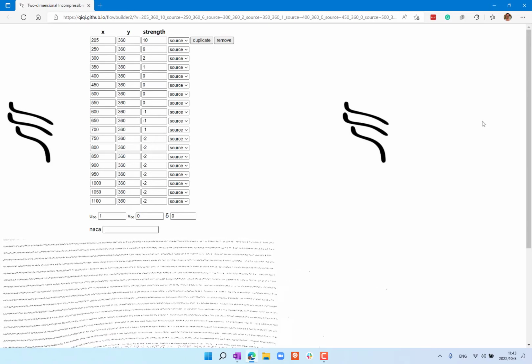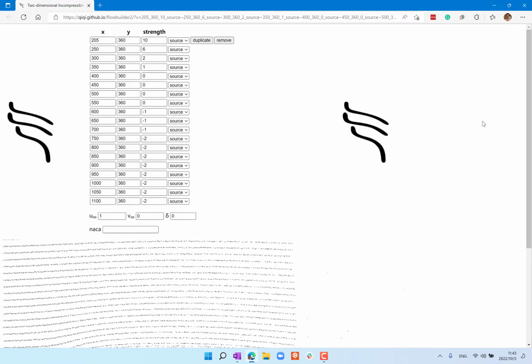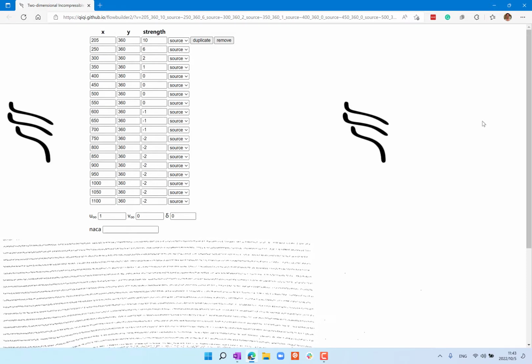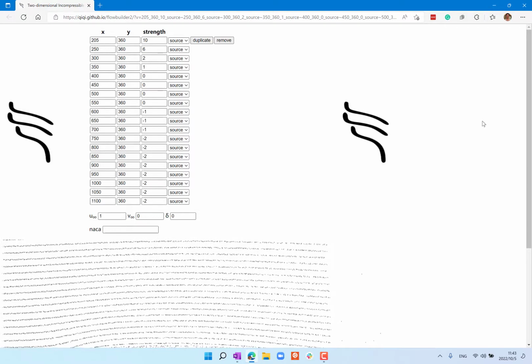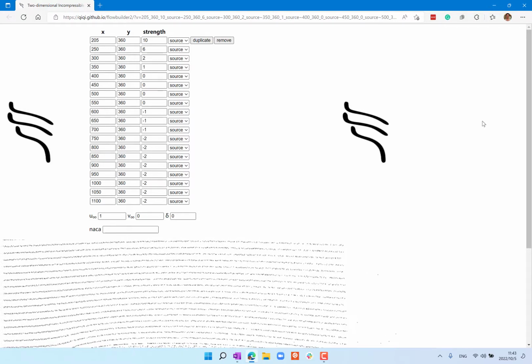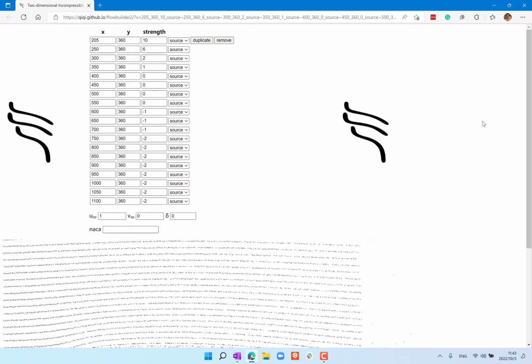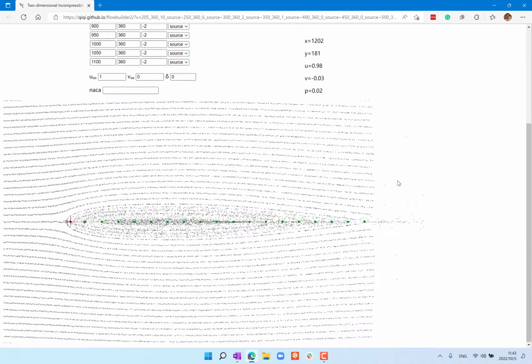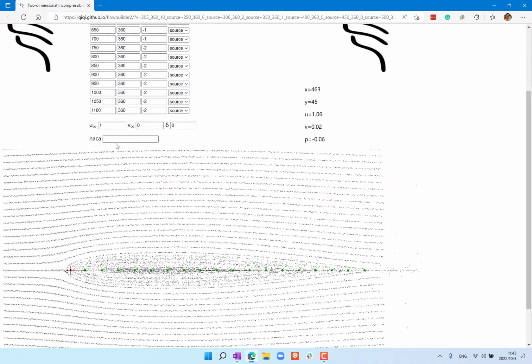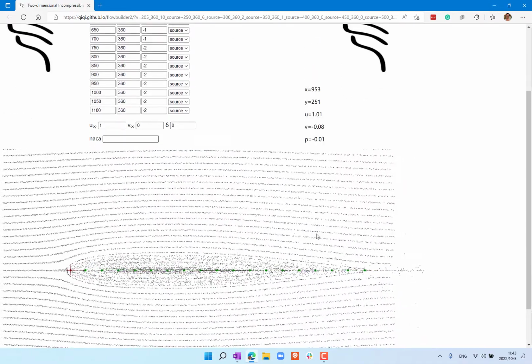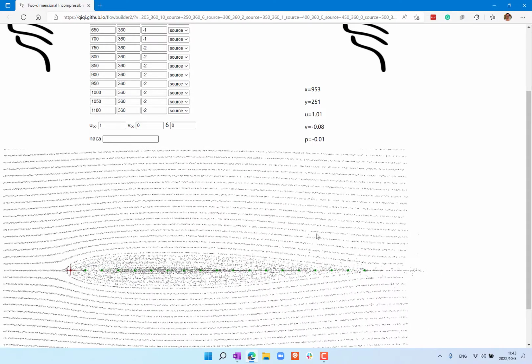If you look at the numbers, they are pretty proportional to the rate of change, the derivative of the thickness. So this is pretty much the NACA 0012 airfoil.